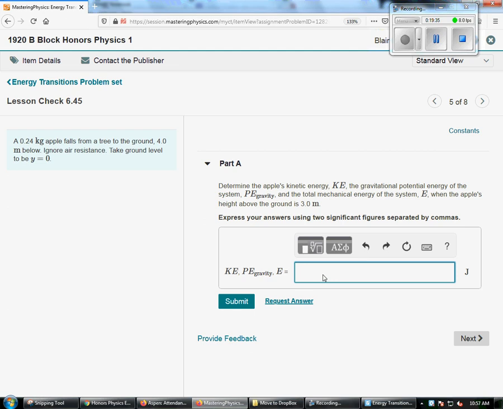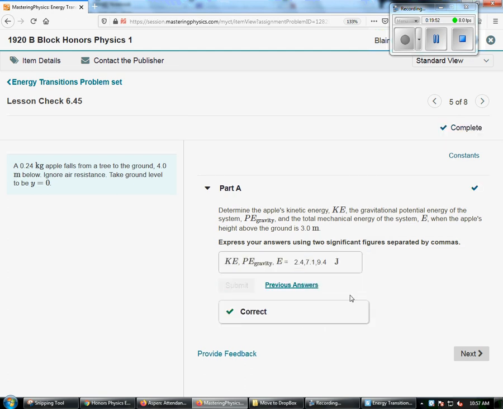So I'm going to put in 2.4, comma, then they want the PE grav, which is 7.1, and then the energy total, which is 9.4. Yay! Yeah, so separating by commas. Because of rounding, notice that they don't add up. The 2.4 plus the 7.1 doesn't equal 9.4. So that's because of rounding.